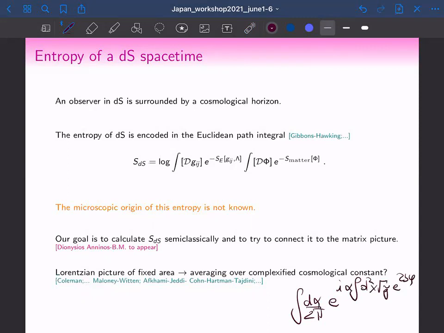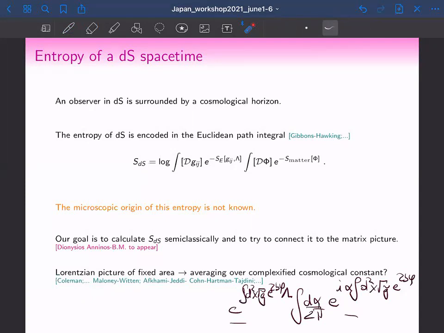There's another term in the Liouville action, which also has this term, e to the power of 2b phi lambda. So this comes from the Liouville action, and this comes from the area constraint. A possible approach to get a Lorentzian picture is to include this alpha into lambda, basically getting a complexified cosmological constant.